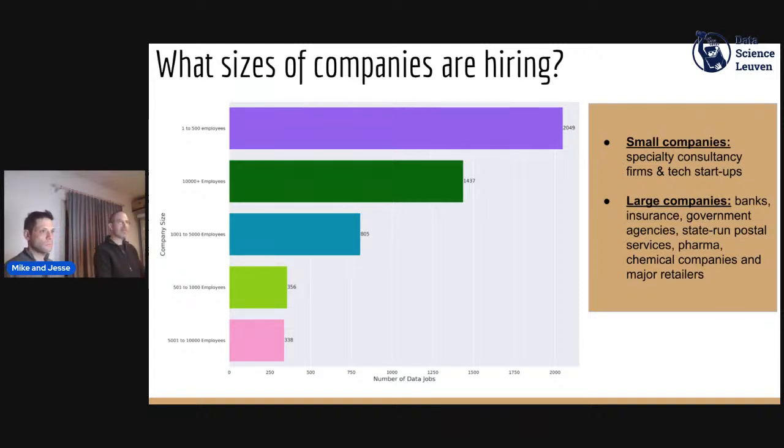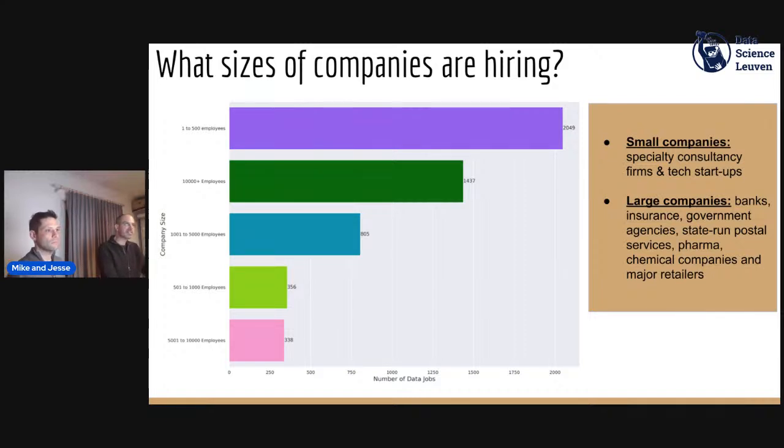If we look at what the small companies are, we see a mix of specialty consultancy firms and tech startups. That's a lot of them, of course, not all. In the large organizations, you see banks, insurance companies, some government agencies, state-run postal services that we all know and love across Europe, pharma, chemical, other major retailers.